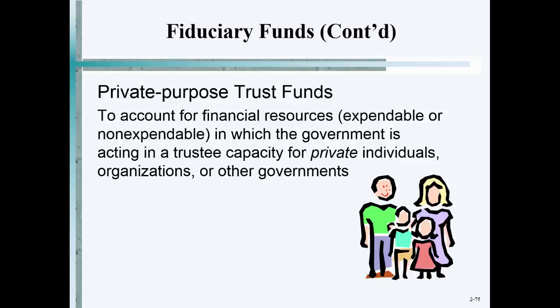Our proprietary funds, two of them: internal service and enterprise fund. And then our fiduciary funds, we have what? Pension, private purpose, agency, and the investment trust fund. I guess you could go either way with the P's on that, right?